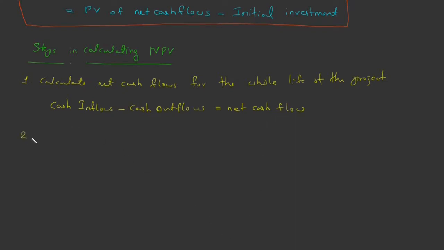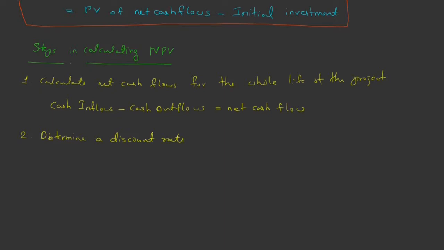In the second step, our aim is to bring these net cash flows to the present value, that is at time t equal to 0. For this, we require a discount rate. So in the second step, our aim is to determine a discount rate. This discount rate depends on the firm's cost of capital.